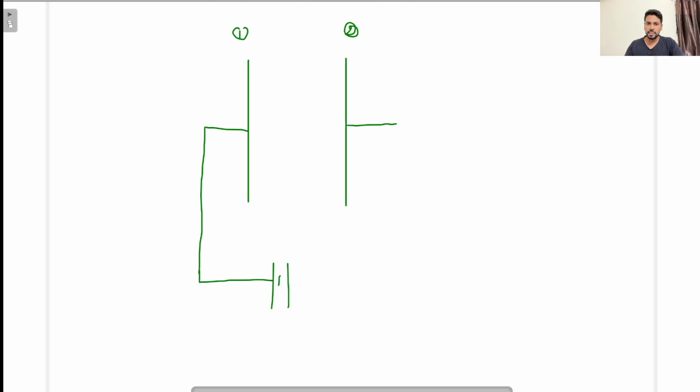Now usually what does a battery do? A battery is used to run a current in a circuit, but here the battery is not running a current. Students, the purpose of a battery is not always to run current. It is sometimes to create a potential difference. Current need not run, but it creates a potential difference.